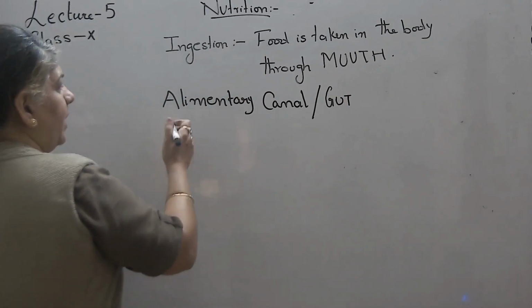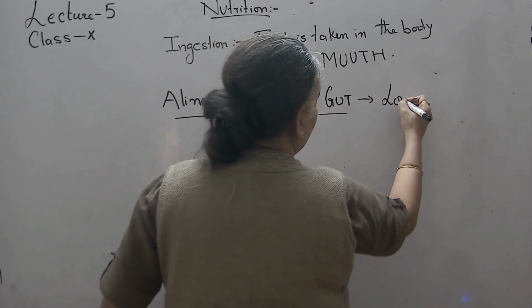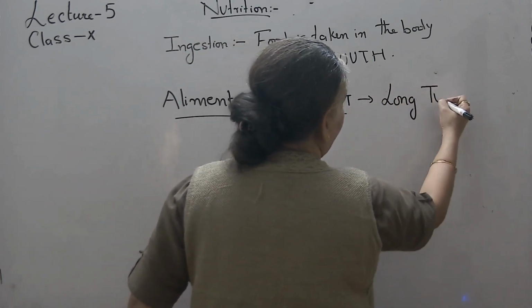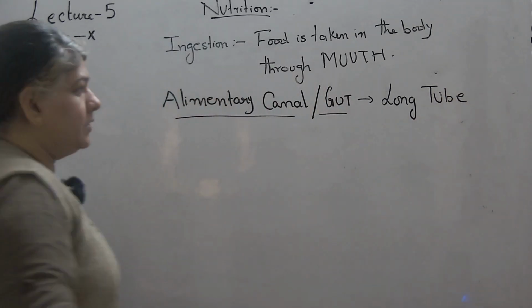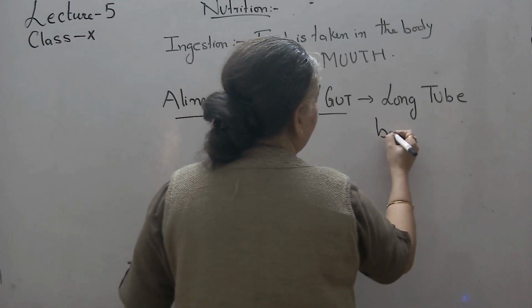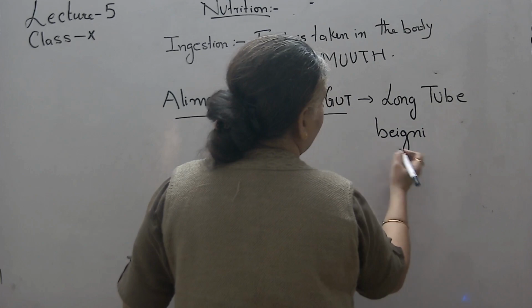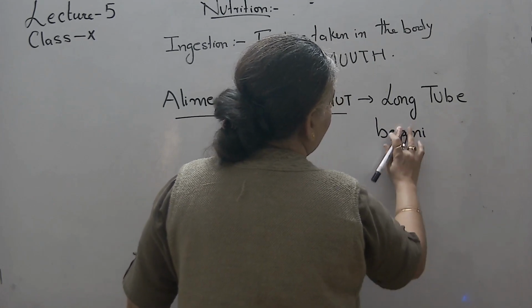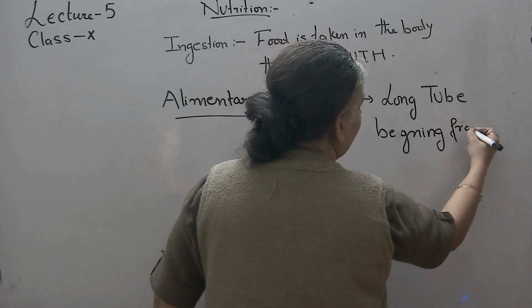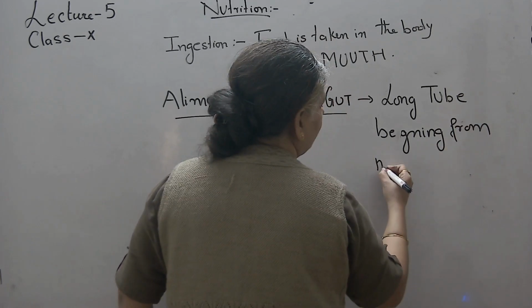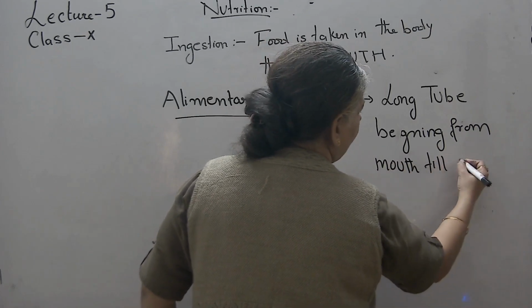So alimentary canal or gut is a long tube. It is a long tube beginning from mouth till anus.